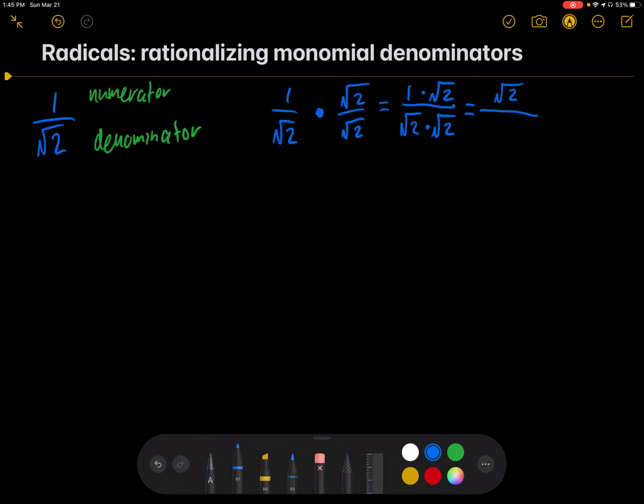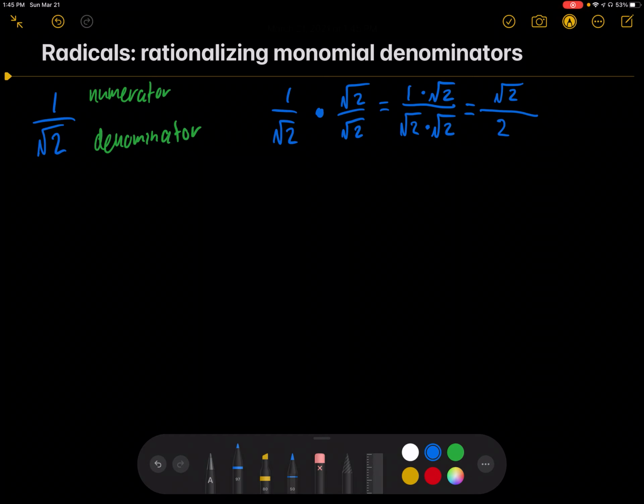And on the bottom, we have square root of 2 times square root of 2, which you should know is just 2. Because we're basically saying the square root of something times the square root of something, so the square root of something squared. It just cancels out, so you get rid of that square root sign since you're already multiplying it by itself.